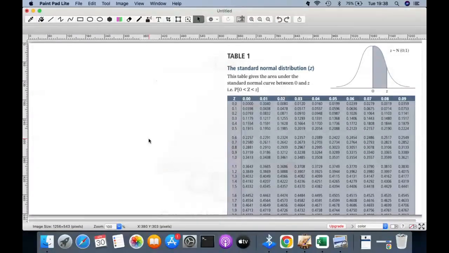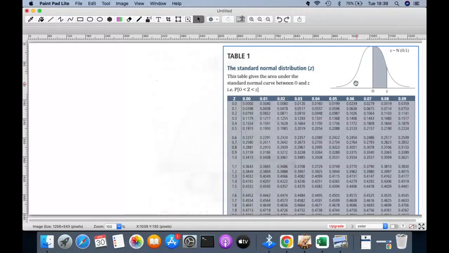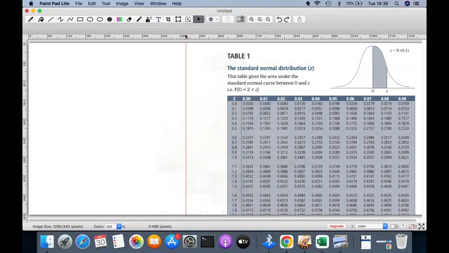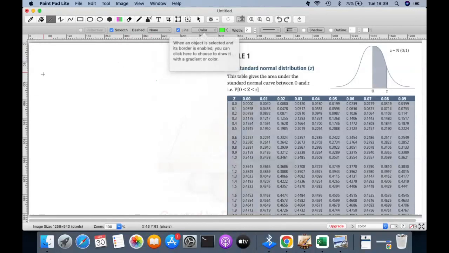Okay, all right. So you're given this table, and you can see there's a chart, there's a graph on the top, right? It's a bell-shaped curve, and on your horizontal axis, the line here that runs horizontally, that's your z-axis. So it's actually a number line, right? So I'm gonna sketch it on the left here.